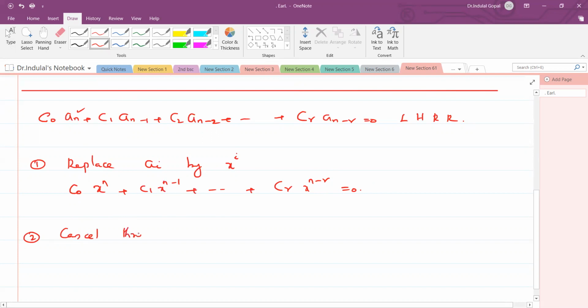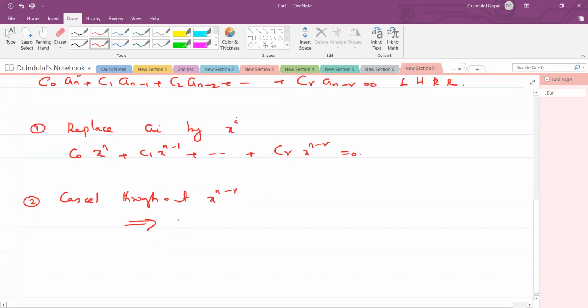Cancelling x raised to n minus r gives c0 x raised to r plus c1 x raised to r minus 1 plus etc. plus cr equal to 0. ഇതുകൊണ്ടാണ് നമ്മൾ നേരത്തെ cr 0 ആകരുത് എന്ന് പറഞ്ഞത്. കാരണം cr 0 ആയി പോയാൽ we can cancel one more x throughout. Then it cannot be rth order, it will be r minus 1th order.